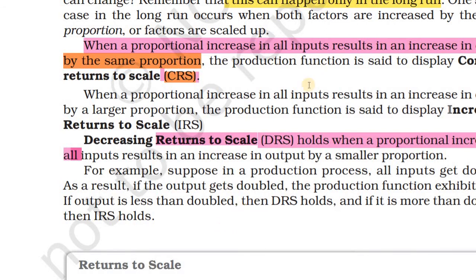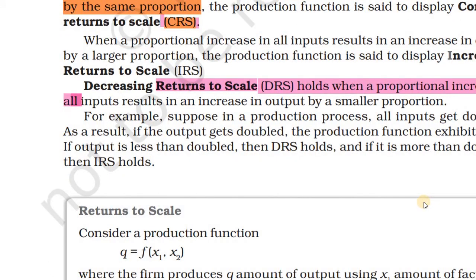Okay, here one example is there. Suppose in a production process all inputs get doubled. As a result, if the output gets doubled, then the production function exhibits constant return to scale.